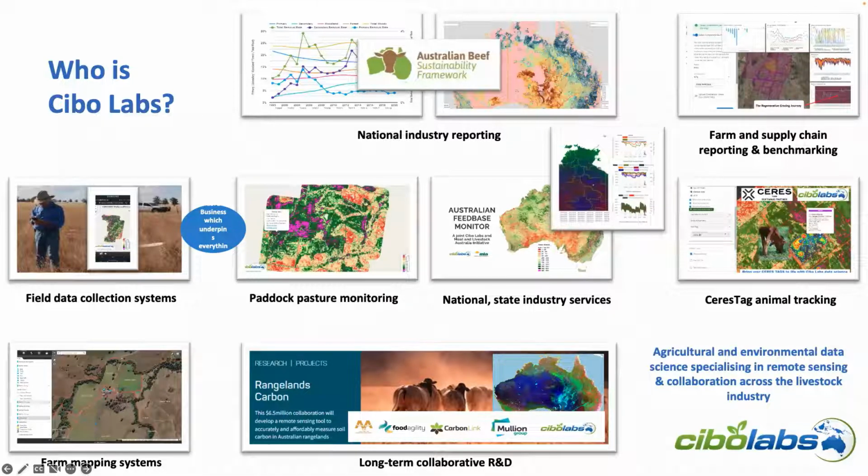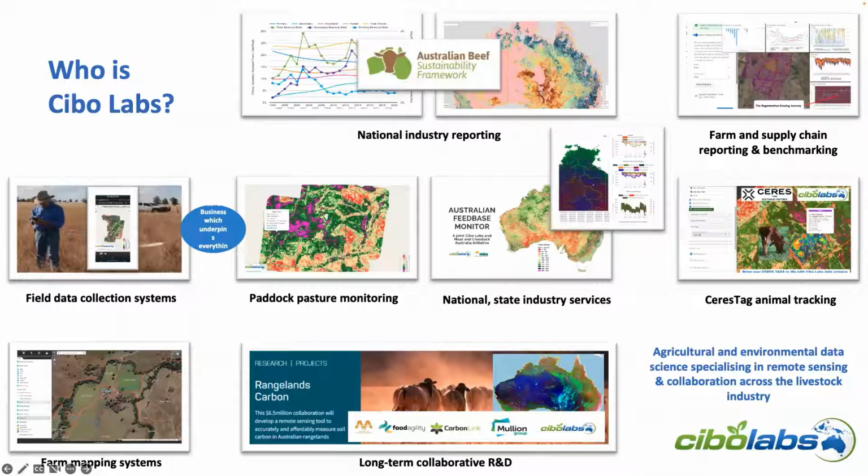A lot of the data used in programs like the Australian Beef Sustainability Framework has been generated by Cibo. We also have some very exciting projects happening with people like Sarah's Tags, where we're starting to integrate satellite management of individual livestock with pastures and farm management plans.